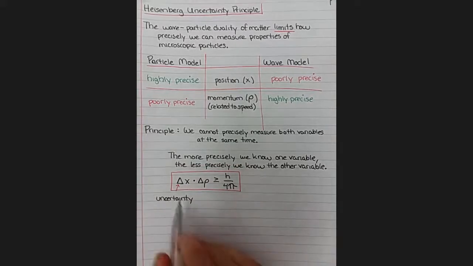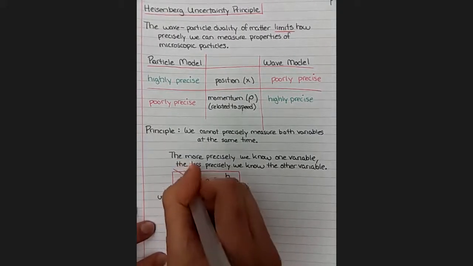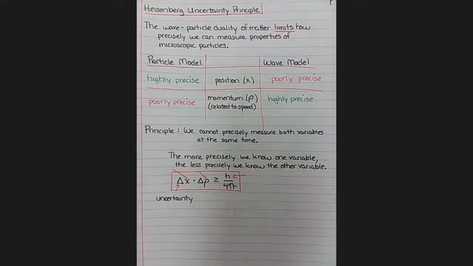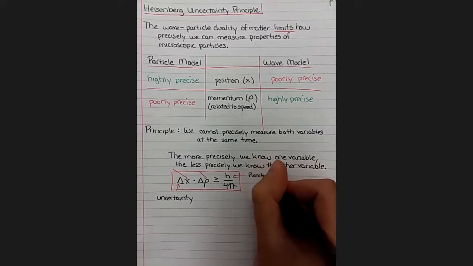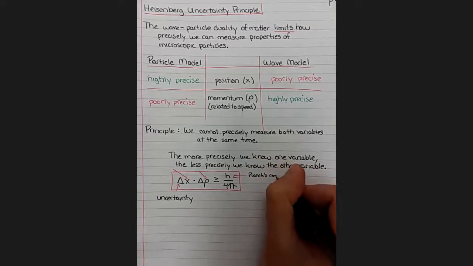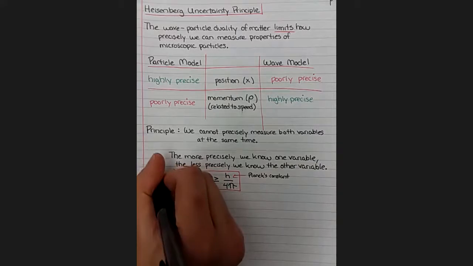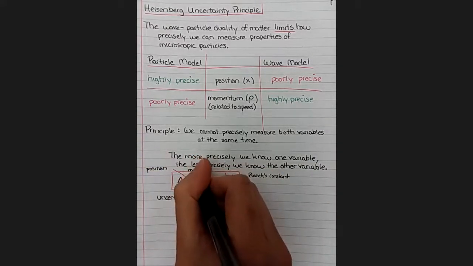So the smallest value that this product can have is h over 4 pi. H over 4 pi is that fundamental limit to how precisely we can know something. And in the formula, we have Planck's constant, which we showed earlier. Pi is 3.14 and so on. x is our position. And p is the momentum.